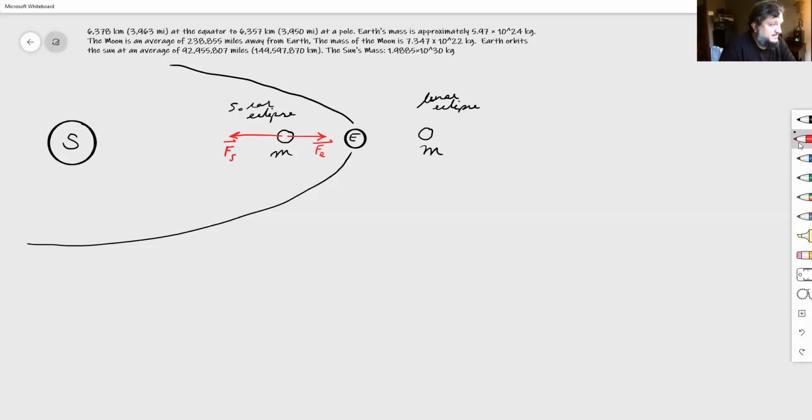So what will be the vector sum of these two, Fs plus Fe? All right, for the solar eclipse. And then we can repeat for the lunar eclipse. When the moon is on the other side, these forces are in this direction. That's Fe, also Fs.